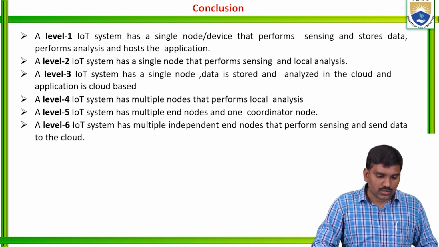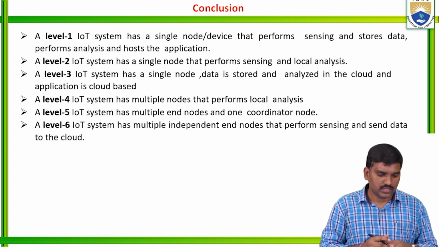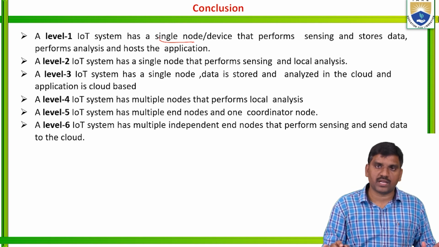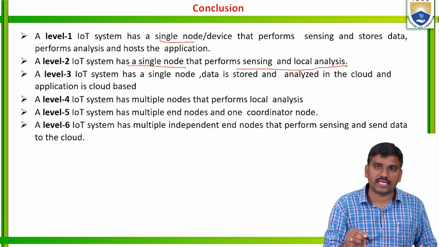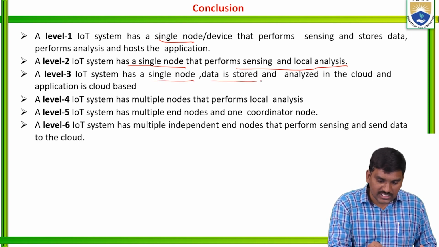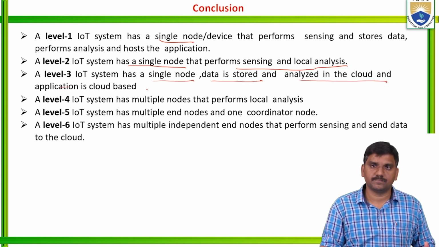Next, move on to the conclusion among all the levels. Level 1 has a single node, the same process. IoT level 2 is a single node, performs sensing and local analysis. Level 3 has a single node, data is stored and analyzed in the cloud and the application is cloud based.